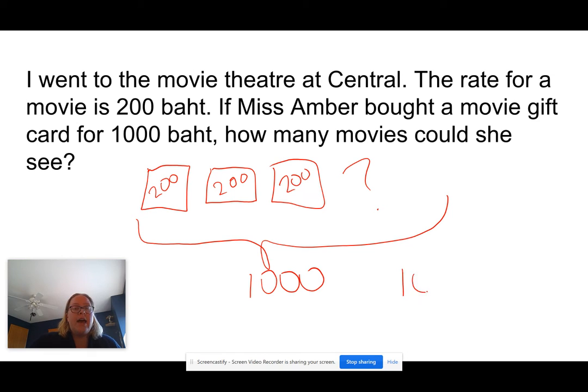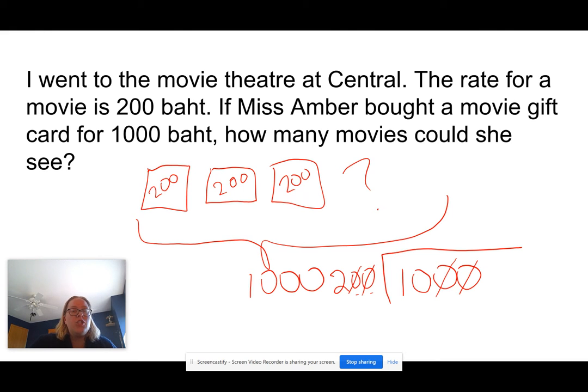1,000, because that's the total amount it cost, divided by how much it cost for each one, 200. Again, notice there are 2 zeros that I can cross off. 2 goes into 10 5 times.